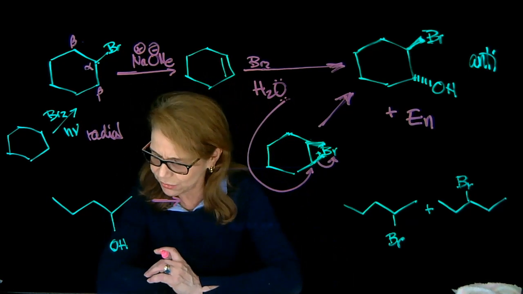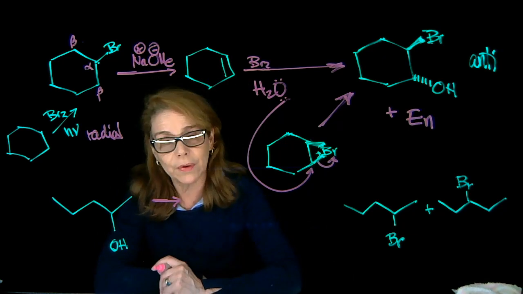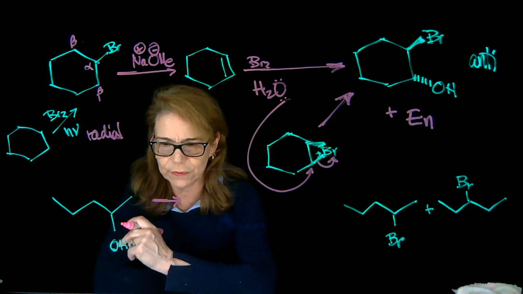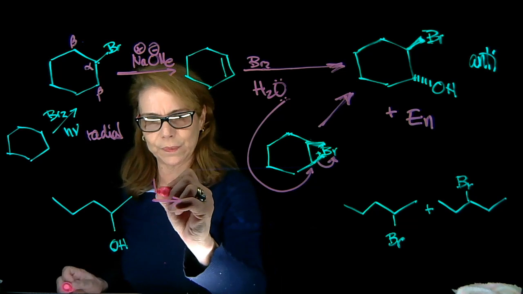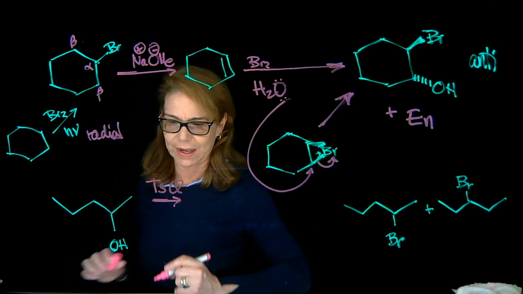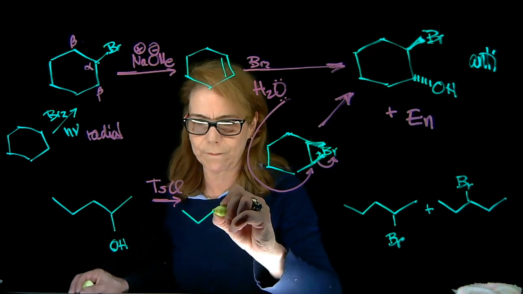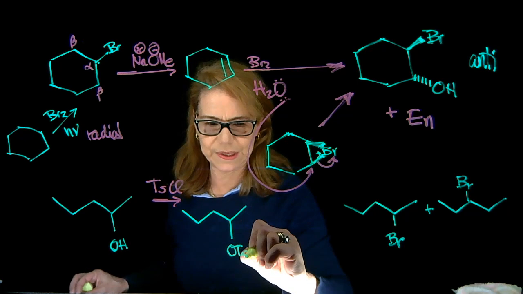But to do an elimination reaction, remember that OH is a terrible leaving group. So our first step would be to transform that into a better leaving group to do an E2 elimination. So I'm going to use tosyl chloride to change this to OTs.